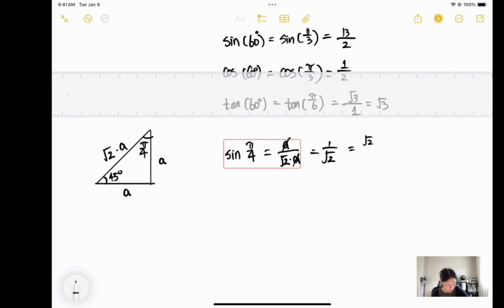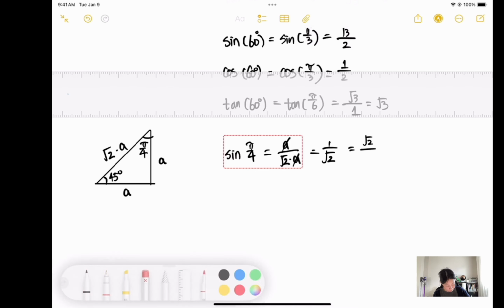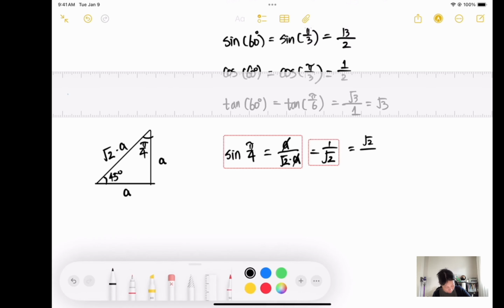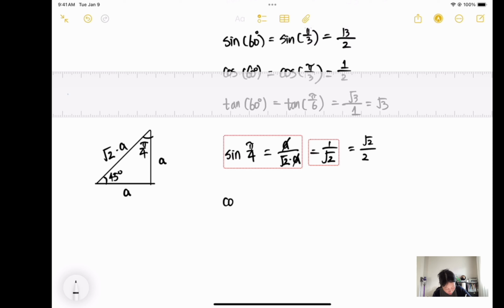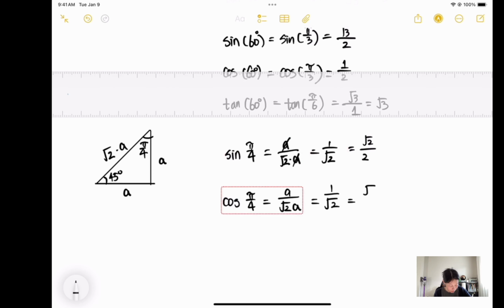Simplify it, I have square root of 2 over 2. Now, next one is cosine pi over 4, which is the adjacent side, which is a, over square root of 2 times a. Here is equal to 1 over square root of 2. Simplify it, I have square root of 2 over 2.